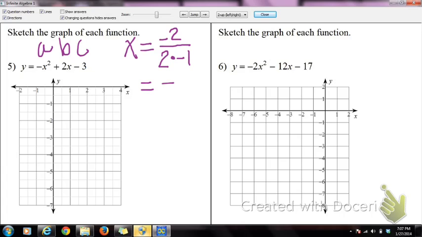This would leave us with -2 over -2, which reduces to +1. Thus, that is our x coordinate for the vertex.